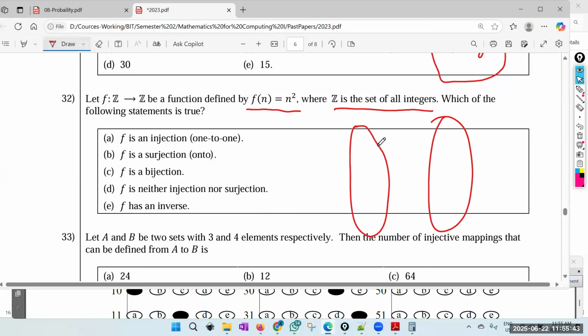This can be -3, -2, -1, 0, 1, 2, 3. 0 is mapped to 0. -1 and +1 are mapped to 1. -2 and +2 are mapped to 4.